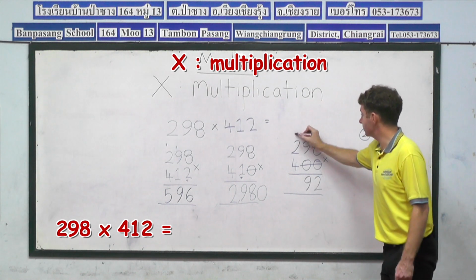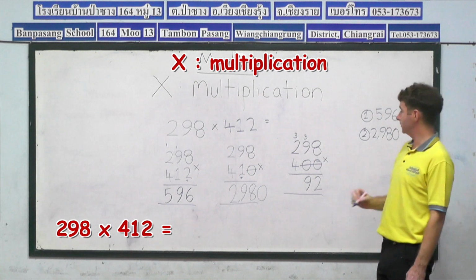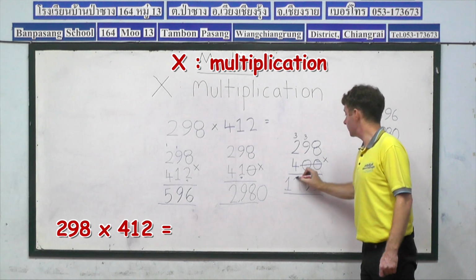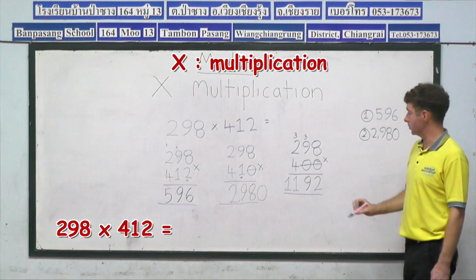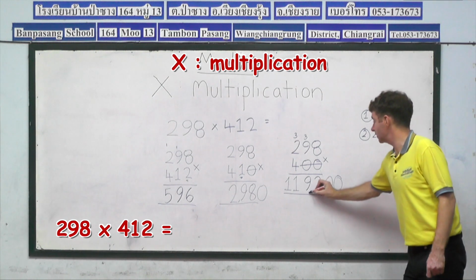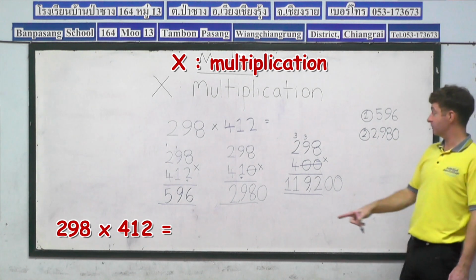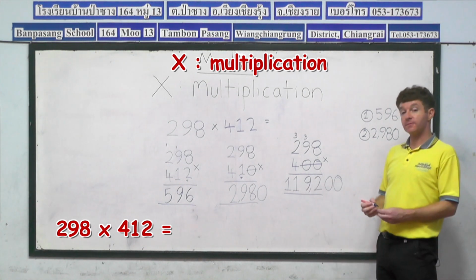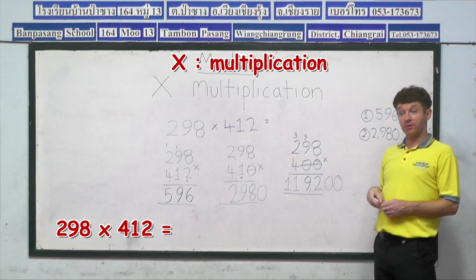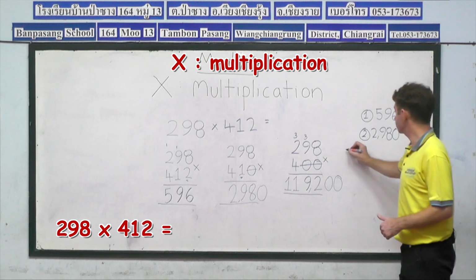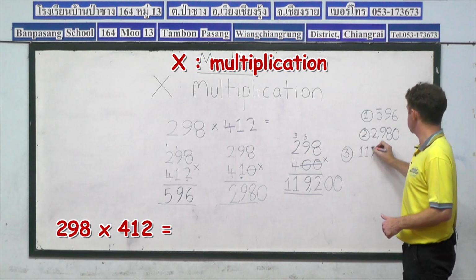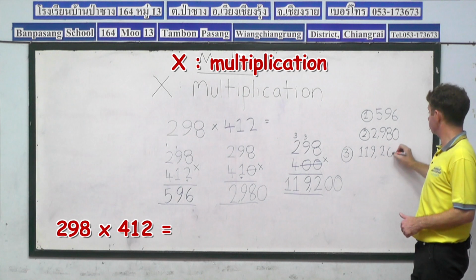So 9, carry the 3 again. 4 times 2 equals 11. And then, remembering the 2 zeros we removed, we place back at the end. And then, looking at place value, our comma goes here. So our answer for the hundreds, 119,200. Okay. So now, answer number 3, 119,200.